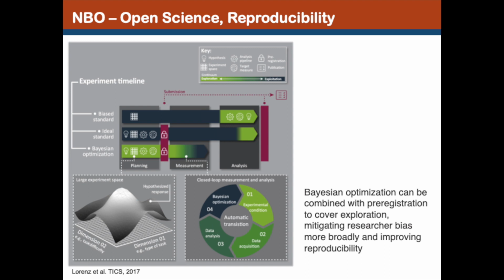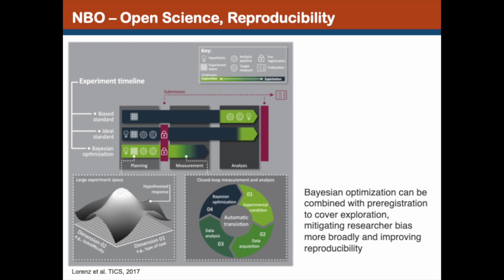So before you start, you need to have some sort of idea about where your parameter space is, how it is going to be explored, and you have a broader range of hypotheses that you can test here. So you have this inherent closed loop between your experimental condition and your data analysis that you've predefined when you started. And it's locked when you're doing the experiment, so you shouldn't be able to tweak it as you go along.